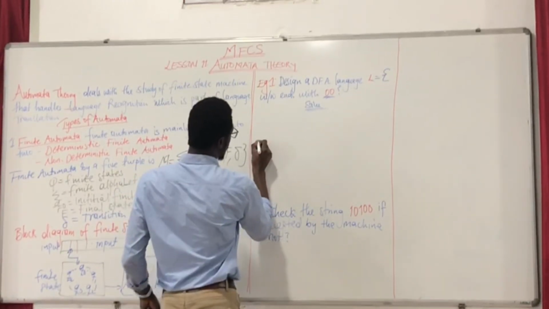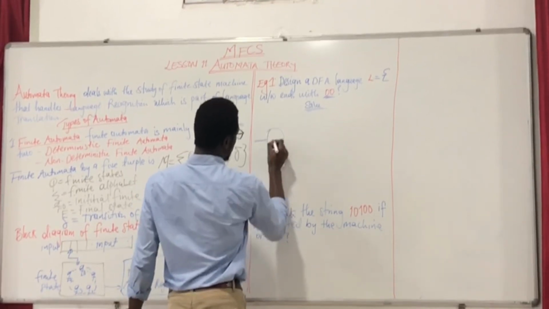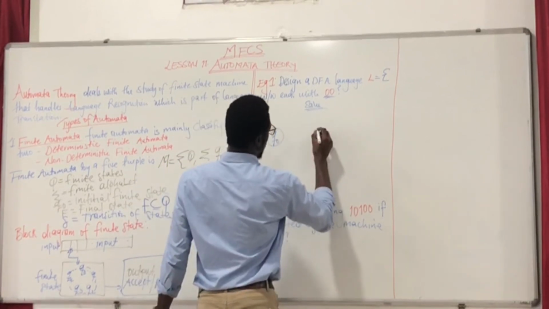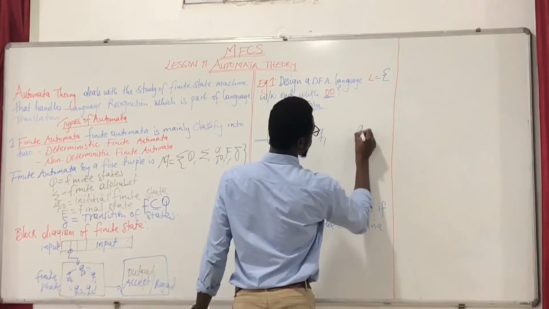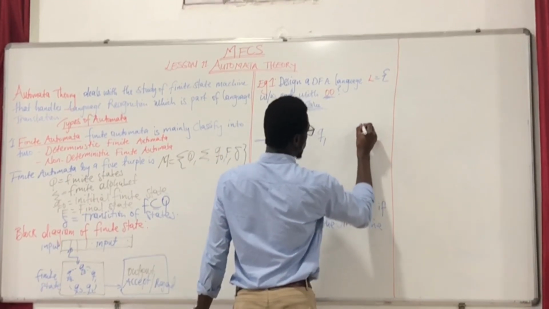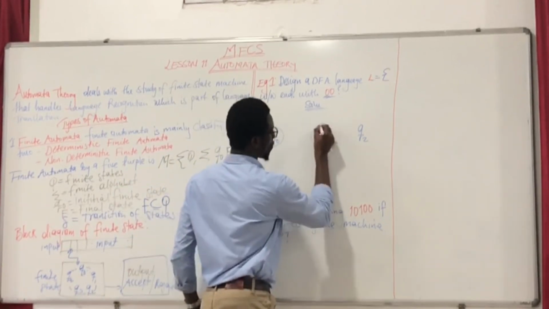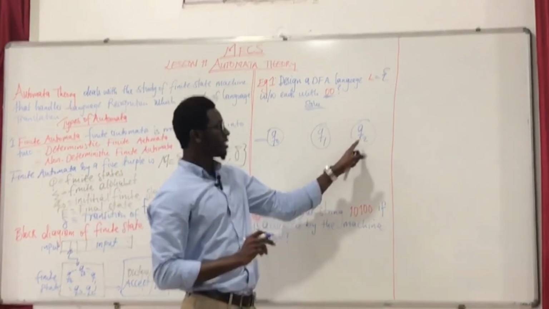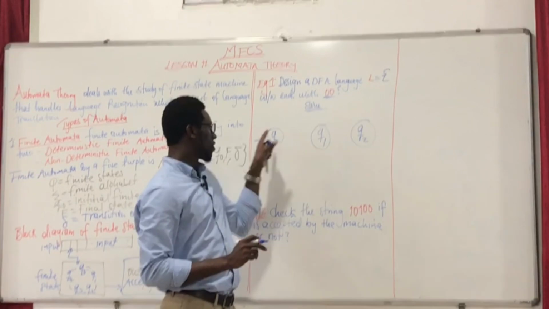So if we start with our initial state, which is Q0, and we have here Q1 and Q2. Of course, you can choose either Q2 as your final state, or Q1, or Q0.